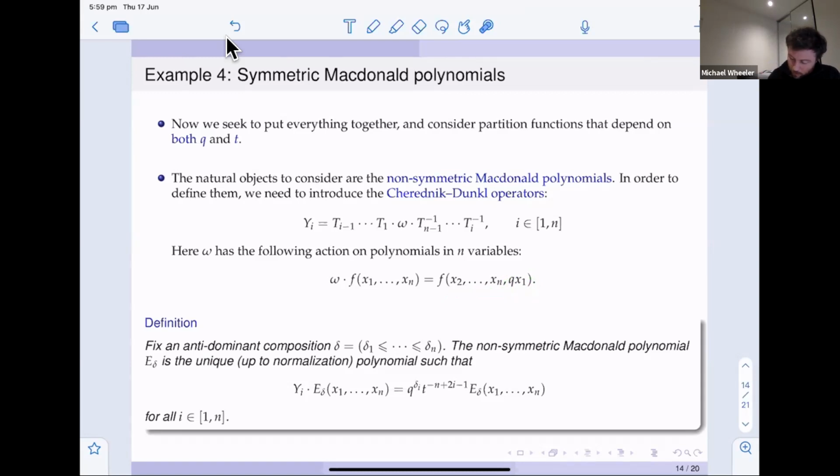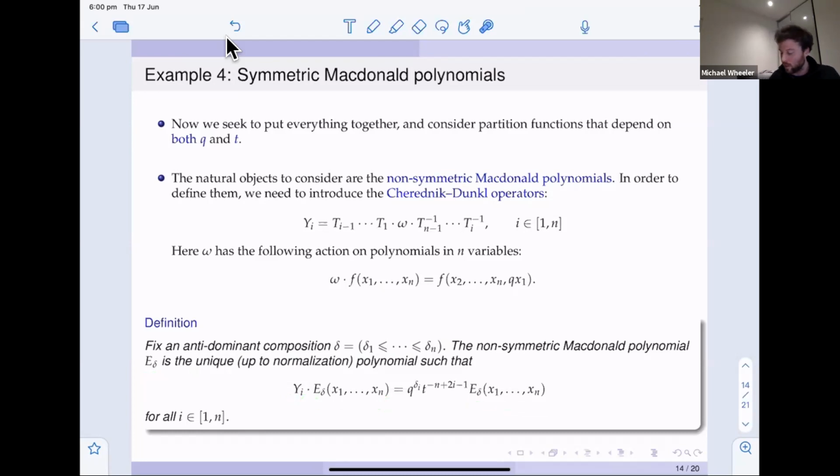So let's fix an anti-dominant composition. So again, this is going to be a weakly increasing sequence of non-negative integers. And the non-symmetric Macdonald polynomial E_delta is then the unique polynomial such that when I act with Y_i on E_delta, I get E_delta back again, with a scalar factor.